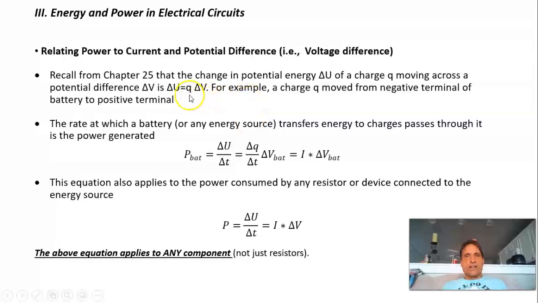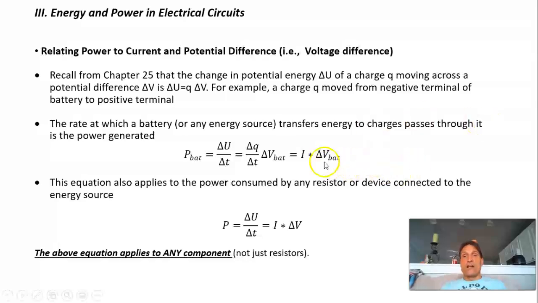And we plug in delta U is Q delta V. And if delta V is constant, right, we're pushing charge over to the other plate, then this becomes delta Q over delta T times the battery voltage. And delta Q over delta T is the current. And so we get that the power generated by the battery is equal to the current supplied by the battery times the potential difference across the battery terminals.